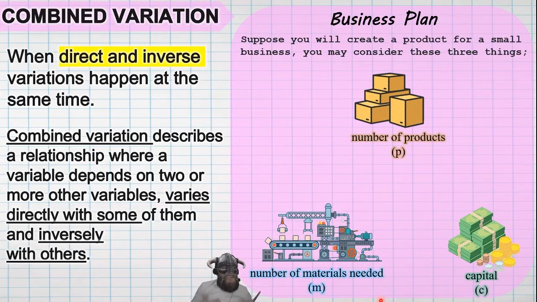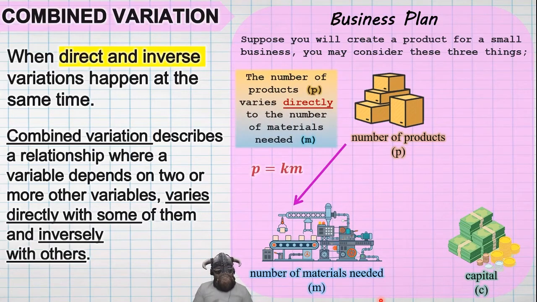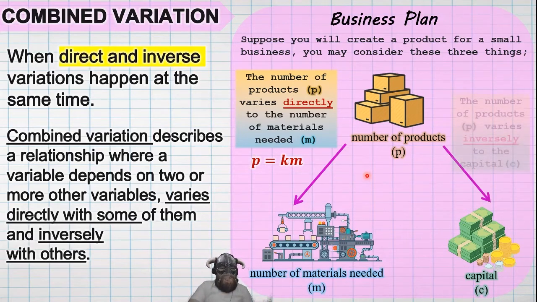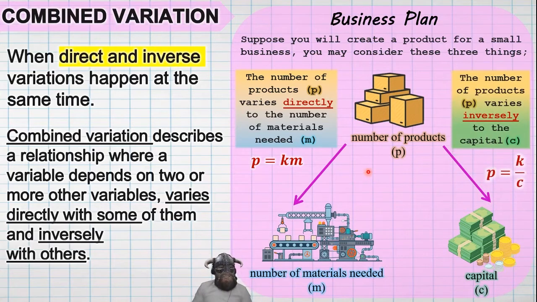Habang dumadami yung products na ginagawa mo, nababawasan yung capital mo. So, lumiliit siya. If you try to understand, the number of products P varies directly to the number of materials M. So, direct variation siya pagdating dun sa number of materials tsaka number of products.